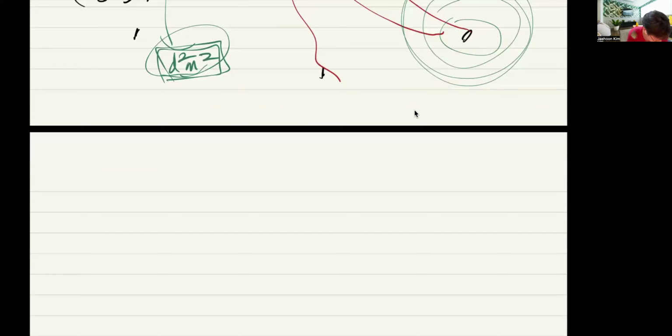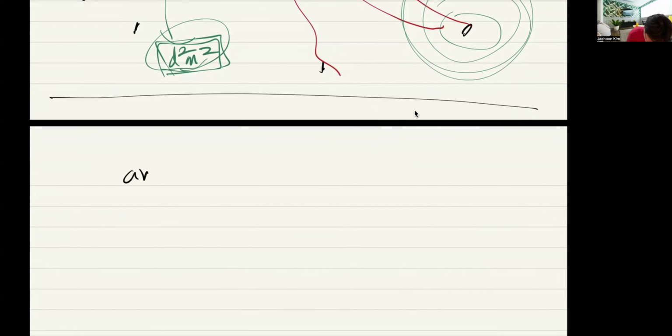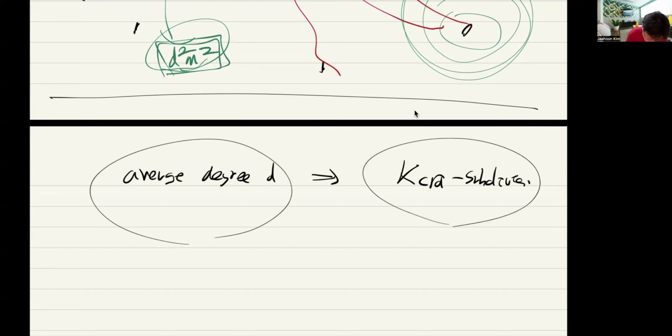And yeah, there is certain more research after this. So if you have average degree D, then you get the K sub C square root of D subdivision. And a natural question is, when is it tight?